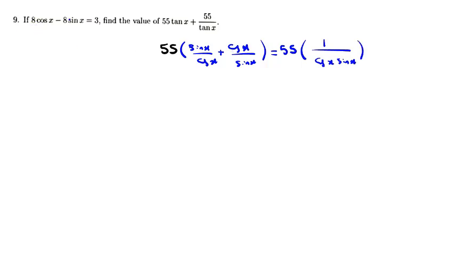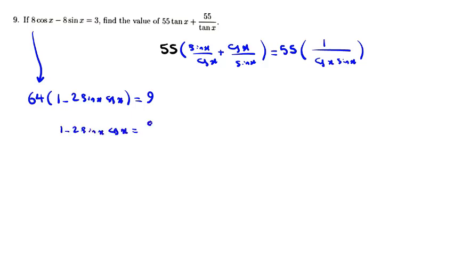And now here, if I raise both sides to the power of 2, it will be 64 (cos x minus sine x) squared. It will be cos squared plus sine squared, 1 minus 2 sine x cos x, which will be 9. So here we say, okay, 64 times (1 minus 2 sine x cos x) is 9, so 1 minus 2 sine x cos x is 9 over 64.